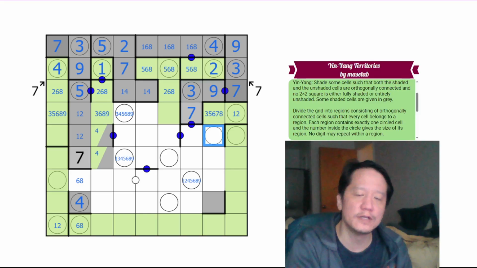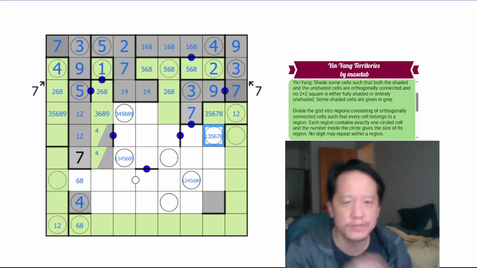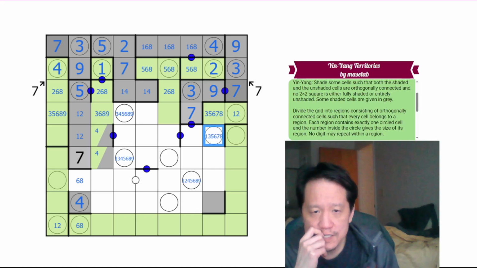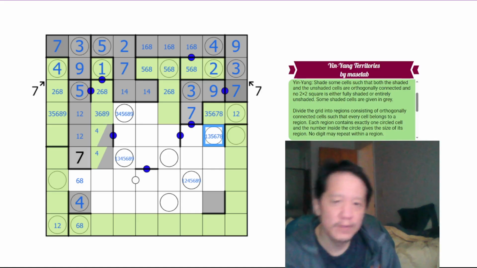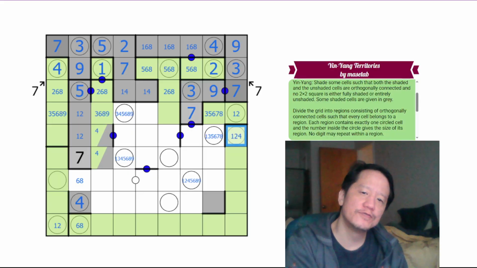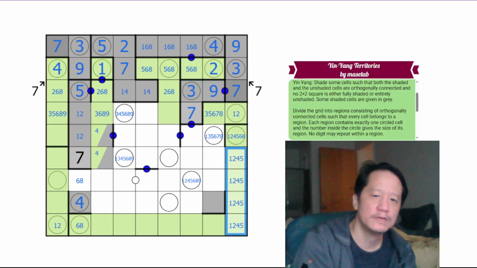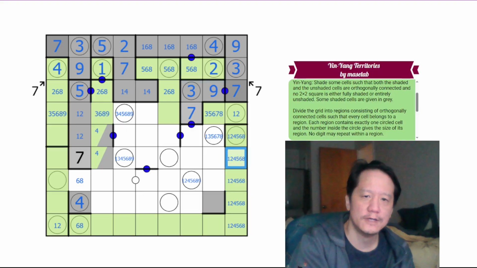This can be 1, 3, 5, 6, 7, 8, no 9. This is 1, 2, 4, 5, 6, 8. That's basically the entire column. No 4 here because of 4 in the row.